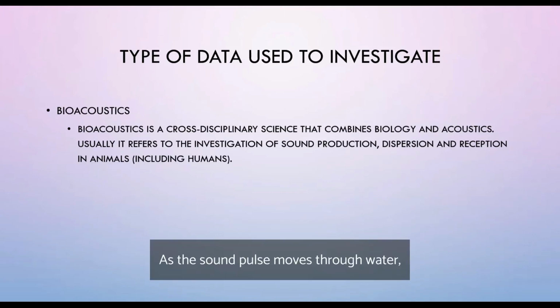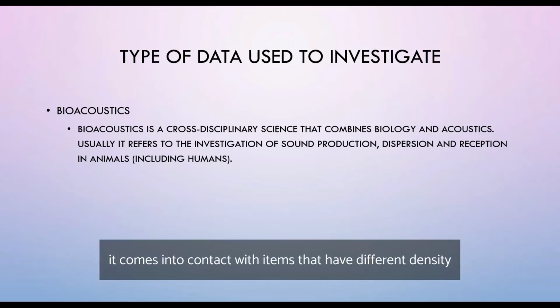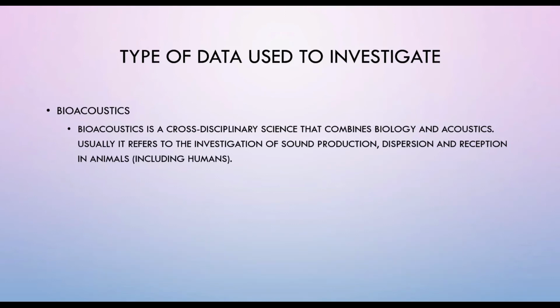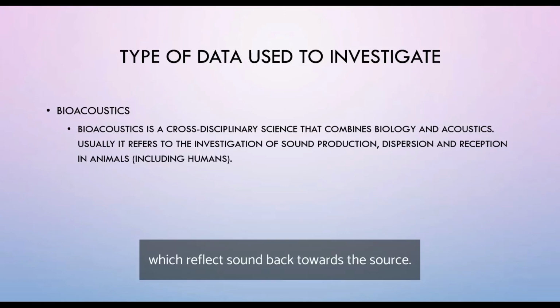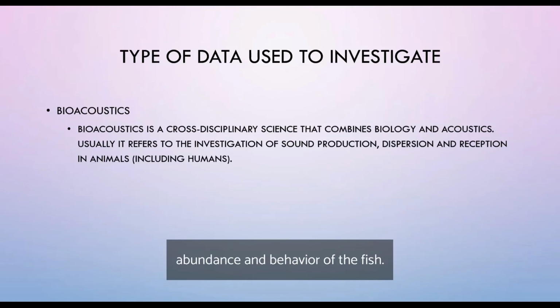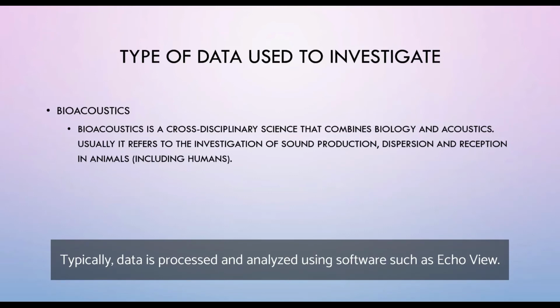As the sound pulse moves through water, it comes into contact with objects that have different density or acoustic properties than the surrounding medium, such as fish, which reflect sound back towards the source. These echoes offer data on the size, location, abundance, and behavior of the fish. Typically, data is processed and analyzed using software such as EchoView.